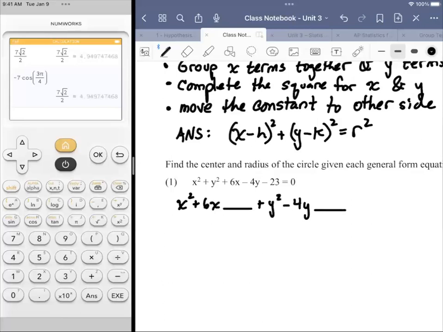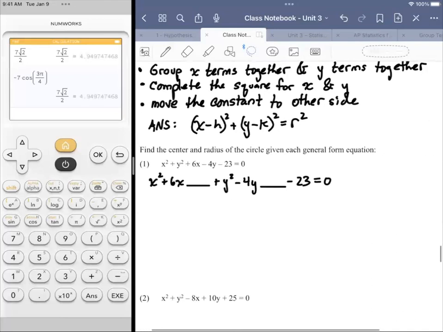I'm going to leave a space to complete the square, minus 23 is equal to 0. All right, so I'm going to complete the square for the x's, and I'm going to do so for the y's. And the result should give me a perfect square trinomial, which is factorable.